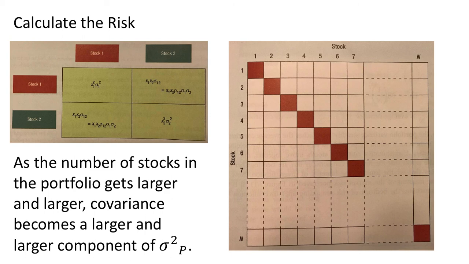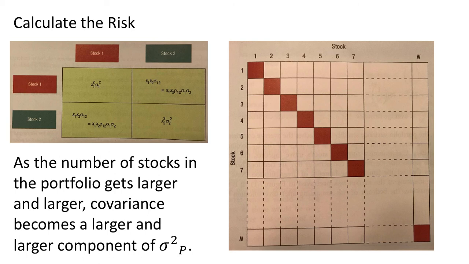Do you notice something? Go back to our chart on the left. In our 2 by 2 case, you had 2 cells devoted to variance and 2 cells devoted to covariance. Now go back to the chart on the right. The matrix on the right has 49 cells total. 7 of them are devoted to variances along the main diagonal, which means 42 of them are devoted to covariance numbers.